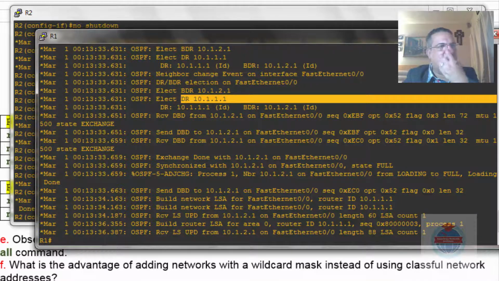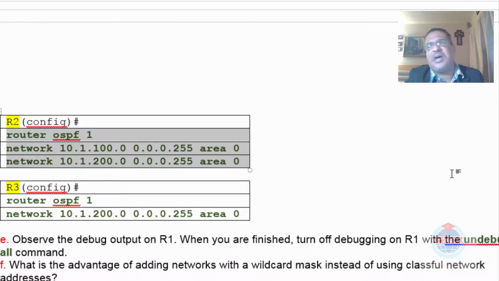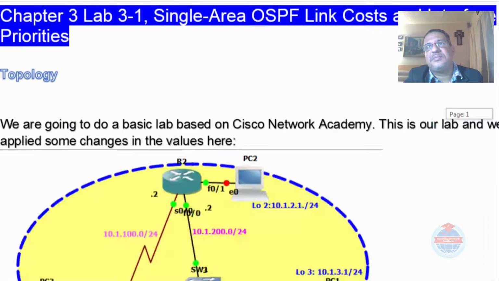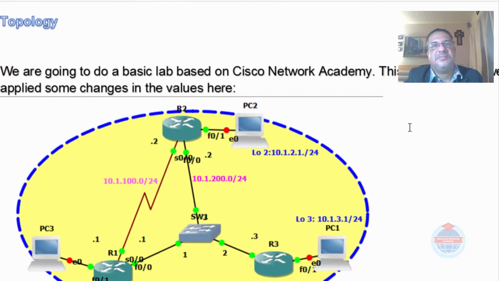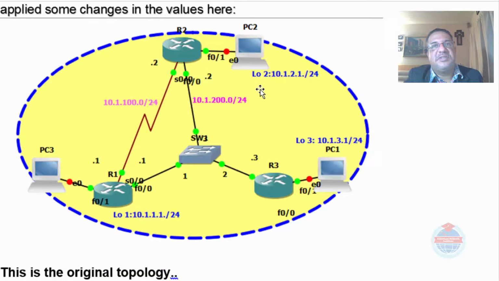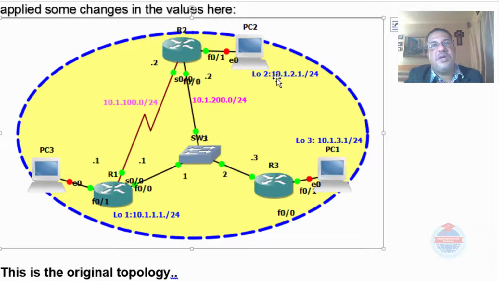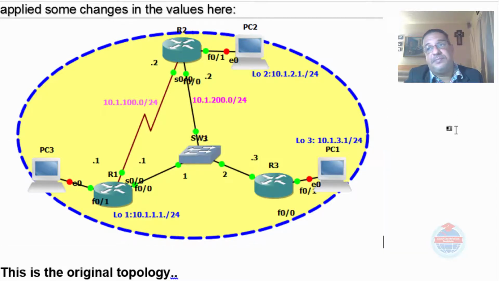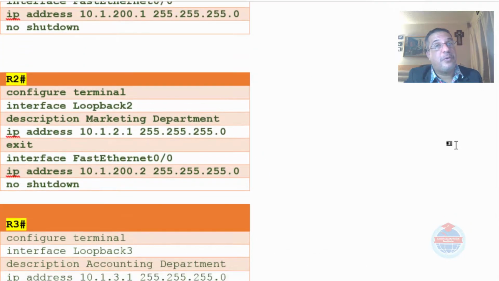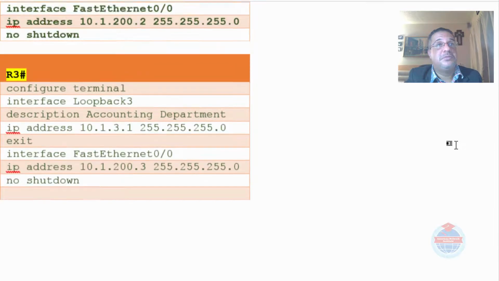So what numbers are those? Let's double check that right now, guys. It's mentioning that this one is going to be your BDR, and this is going to be your DR, your designated router, and your backup DR. So the information is very useful.